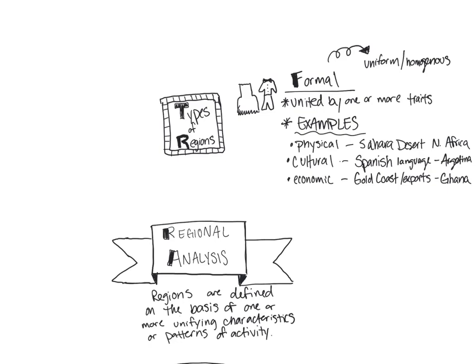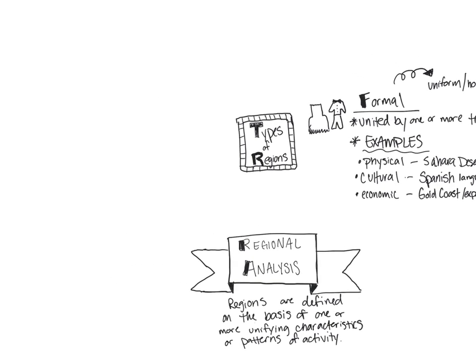The next one we have is functional. So we're going to write that over here. Let me zoom in. So we have functional regions. This one is kind of easy to remember because it has a specific function, okay?